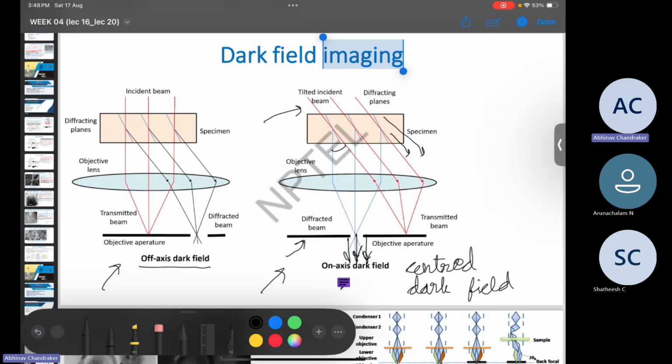In off-axis dark field, the electrons are much farther from the optic axis, so the spherical aberration will be more. But in the case of a tilted incident beam, the diffracted electrons are almost parallel to the optic axis and closer to it. As a result, aberrations will be less, and this is why on-axis dark field is preferred when compared to off-axis dark field.